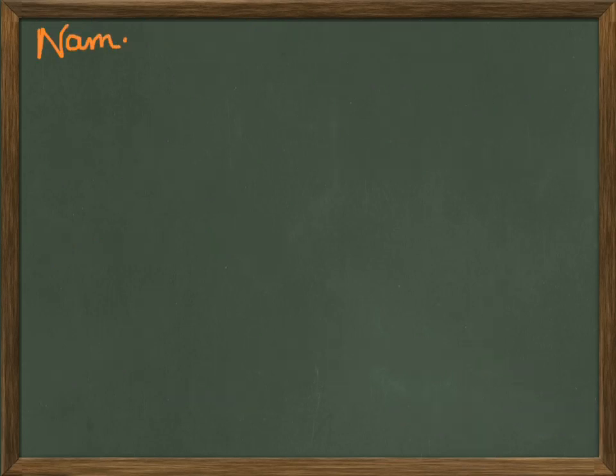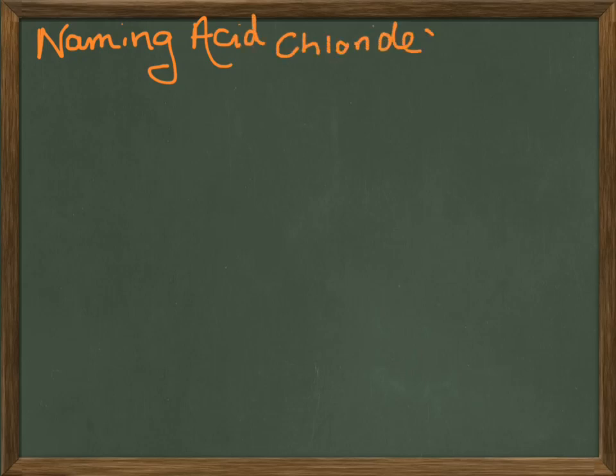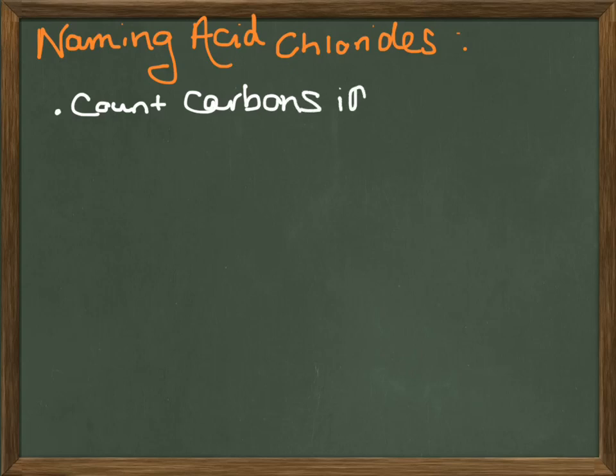We're going to look at how to name them. It's fairly straightforward to name acid chlorides. Essentially, look at the longest carbon chain, first of all, that's your stem. So count the number of carbons in your longest chain. If it was just 2 carbons, it'd be ethane.